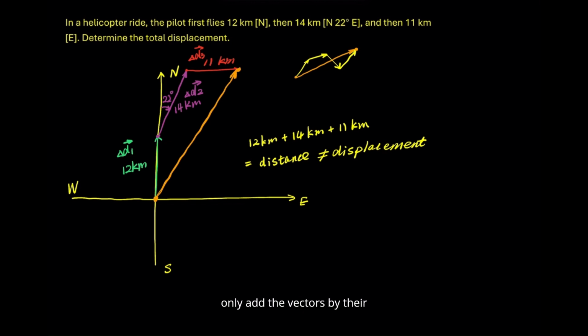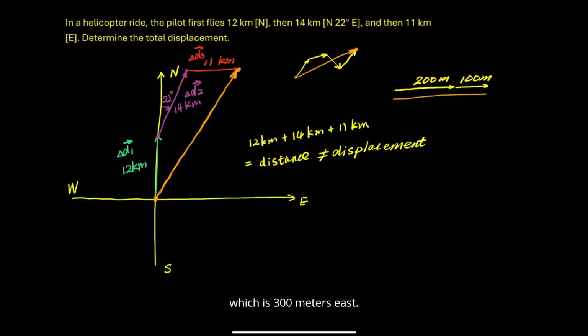You can only add the vectors by their magnitudes, or by their lengths, if they are pointing in exactly the same direction. For example, if you walk 200 meters east and another 100 meters in the same direction, your total displacement is a simple sum, which is 300 meters east.